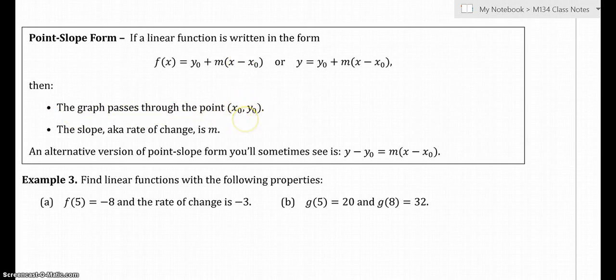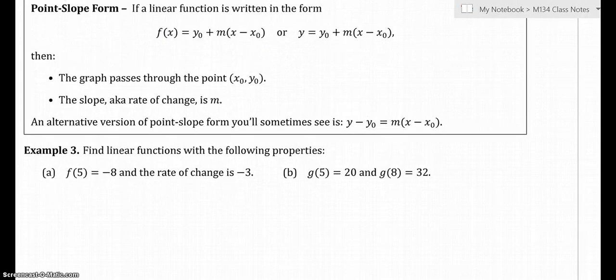These sub-zeros are just a labeling device to let you know that it's the initial condition, like x sub 1, x sub 2, or y sub 1, y sub 2 that we've seen before. The slope, aka the rate of change, is m. That hasn't changed. And here's an alternative that you might have seen in other textbooks. So there it is. You can use f of x or y.